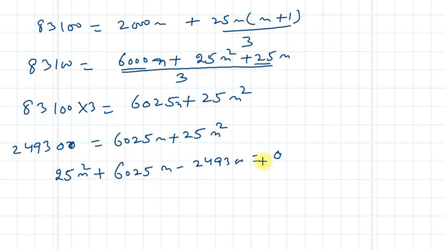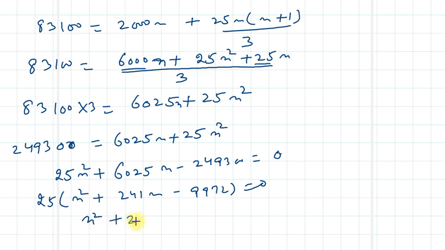So can we find something common in it? Let us try. So students, if we take 25 as common, this would come out to be n square plus 241n minus 9972 equal to 0.